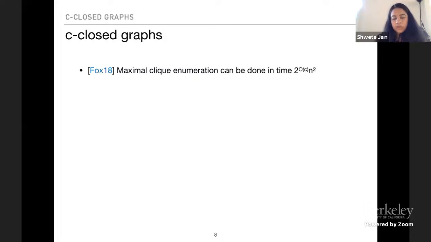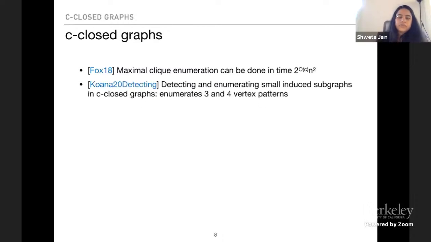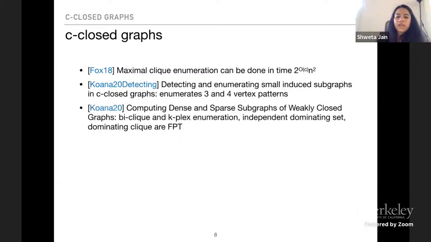In the same paper, the authors showed that maximal clique enumeration can be done in FPT time. This is a surprising result, considering that in general graphs, even approximating the max clique cannot be done in FPT time. Following this, there were a series of works counting different kinds of patterns.